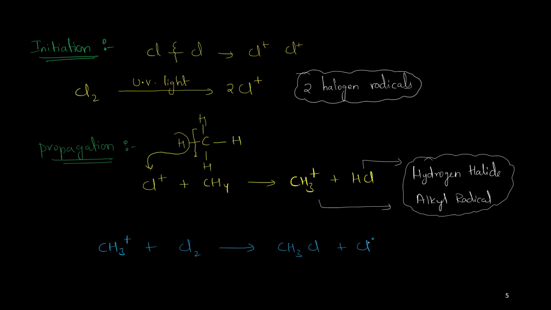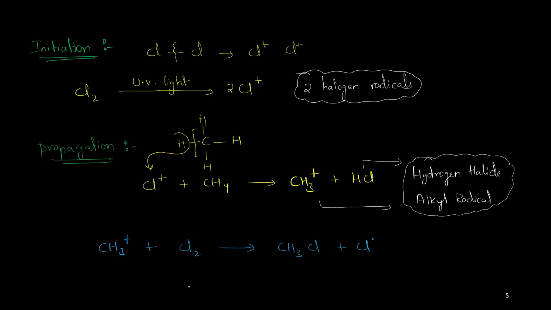You can put it as plus as well. So the newly formed alkyl radical reacts with another chlorine molecule and forms a halogenated alkane, or you can say alkyl halide. This reaction will continue further, and many alkyl halides will be produced. That's why it is called the chain reaction.